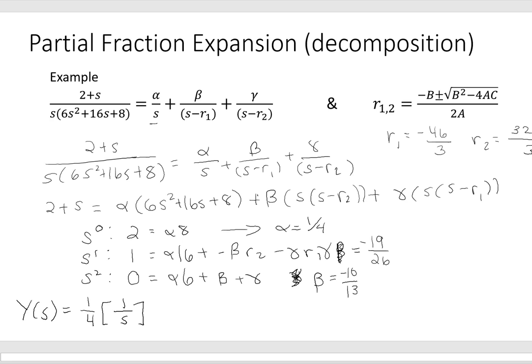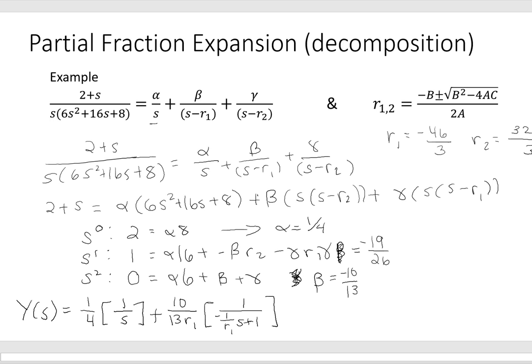It's 1/4 times 1, plus beta, so this is negative 10/13. I'm also going to pull out that R1. So 10 over 13 R1, it's up there at the top, multiplied by this quantity 1 over (negative 1 over R1 s plus 1).